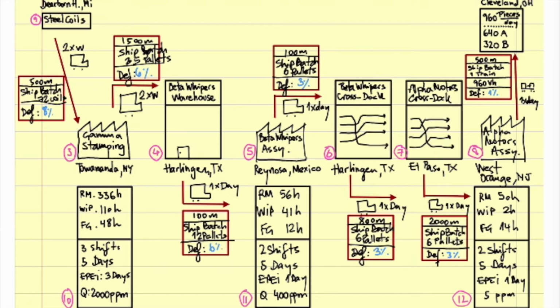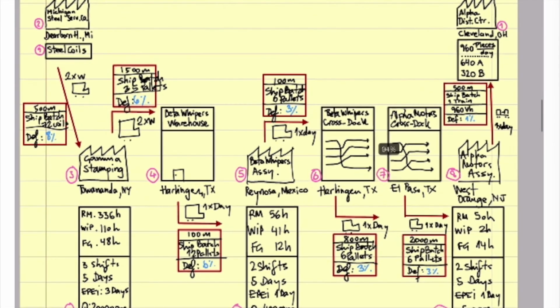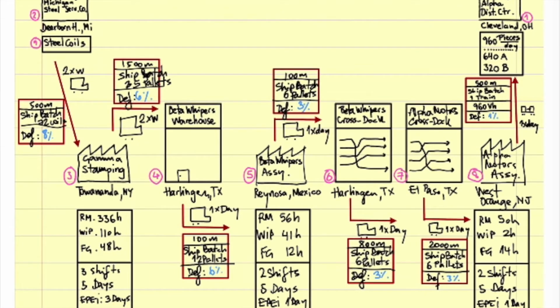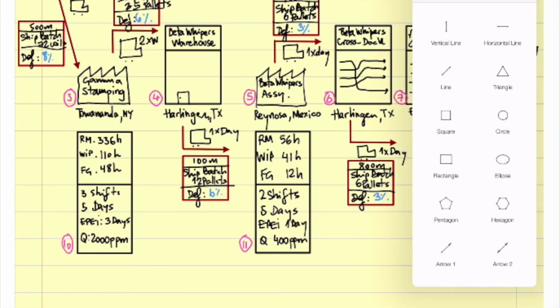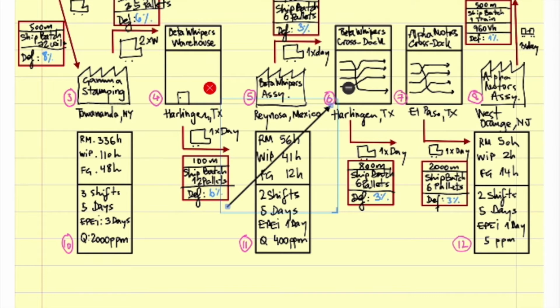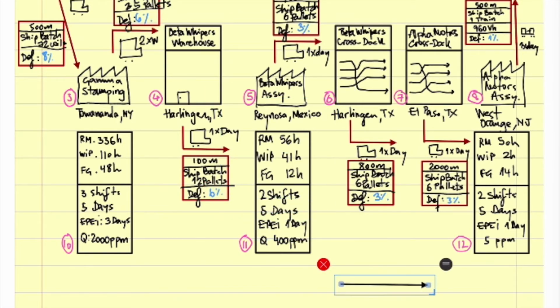Okay? So any questions so far? We have described the number of stations and the material flow. We don't have the information flow yet. We will do that tomorrow. Any questions, please?